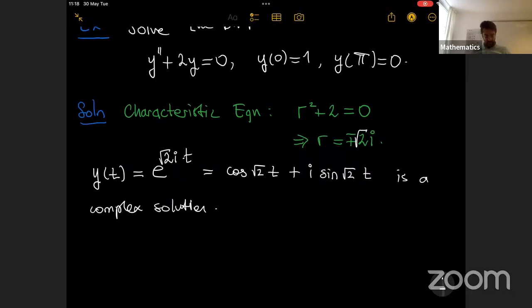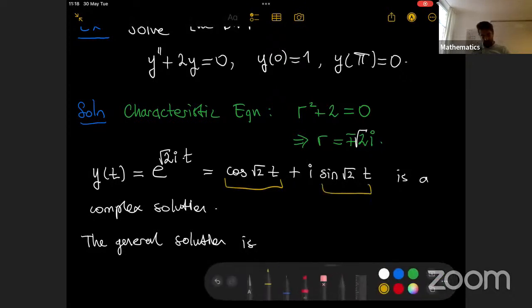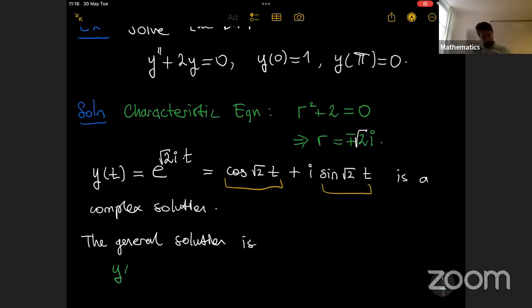We didn't check the initial values yet. So the general solution, you take the real part and imaginary part: y(t) is c1 times cosine root 2 t plus c2 times sine root 2 t.